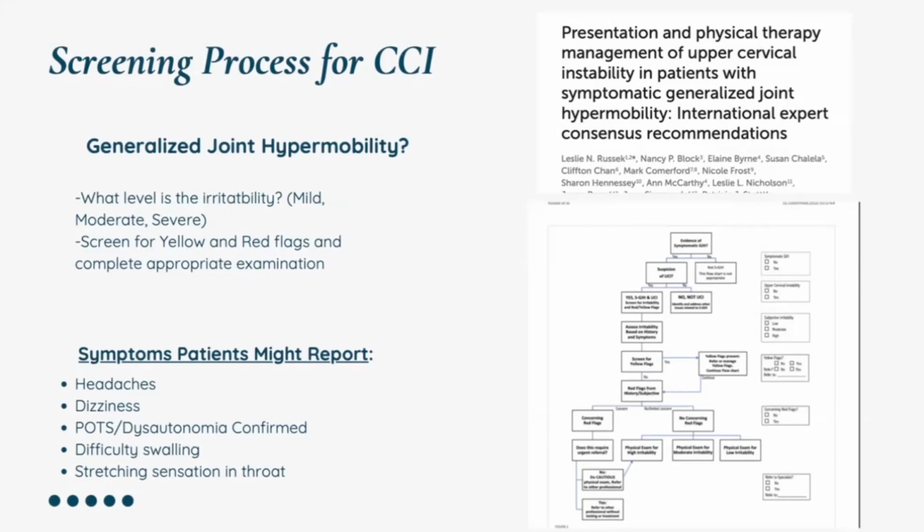Because all different types of patients present differently when they have CCI, and some people are more severe in terms of the level of irritability, and some people are more mild. And that will determine what we can do in physical therapy from a conservative preoperative standpoint and what we will want to avoid.